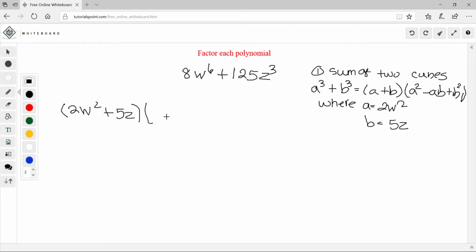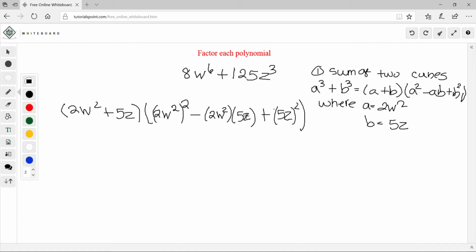So it's 2w squared, but we have to square the whole thing, because that's part of the rule. Minus ab, so minus a times b, which is 2w squared times 5z. Plus b squared, so 5z, I'm going to square that.